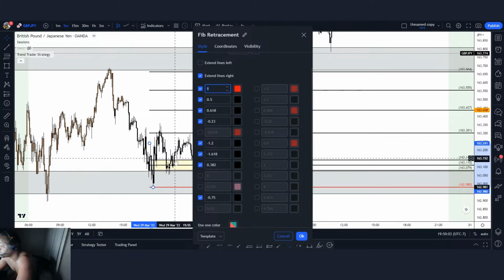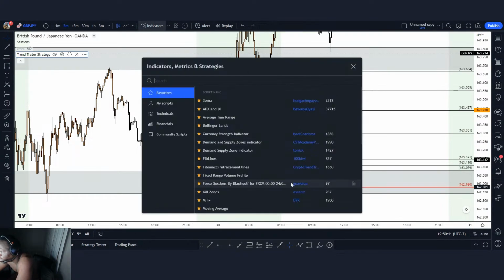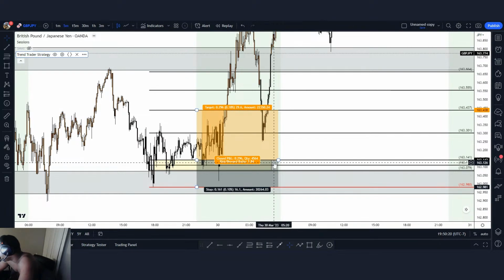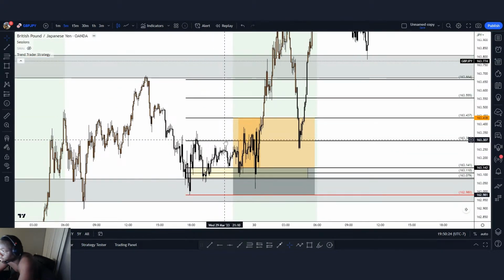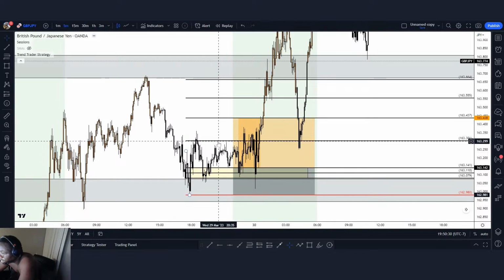I don't know what you mean, bro. Just screenshot this. And then this as well. It's the trend trader strategy. It's by H Potter. Oh, these gnats, bro. I'm so sick of it. It's by H Potter. I don't know, man. I'm just gonna move forward. I don't know what you're talking about.